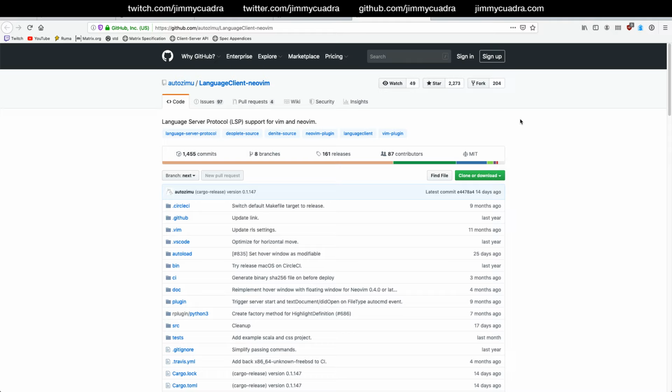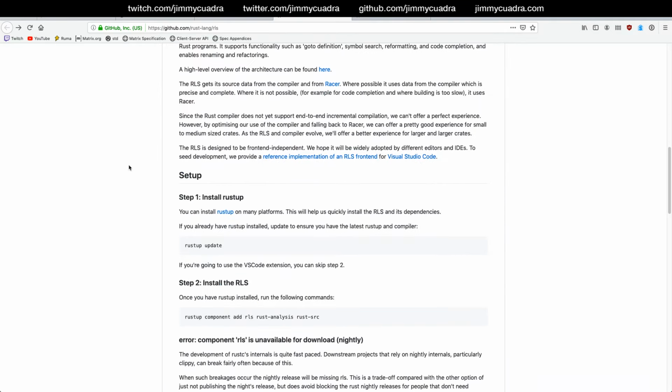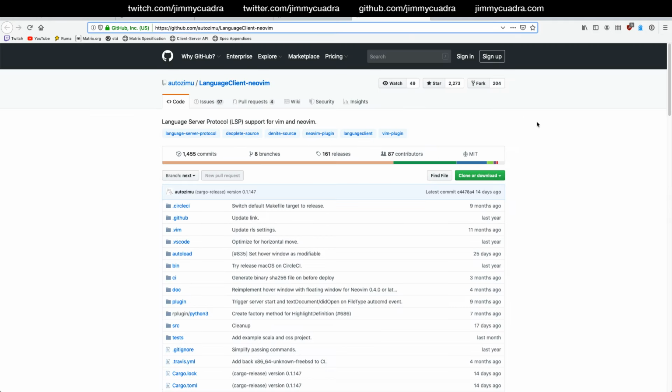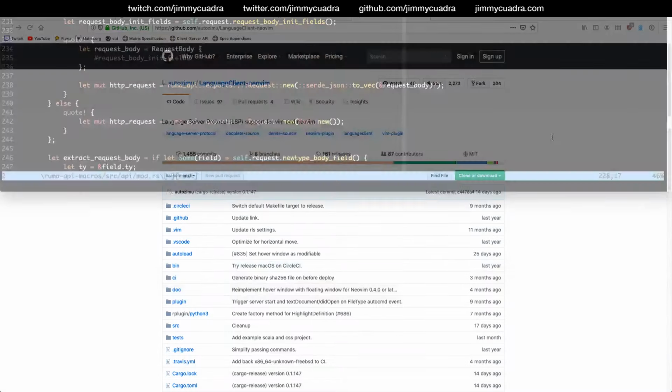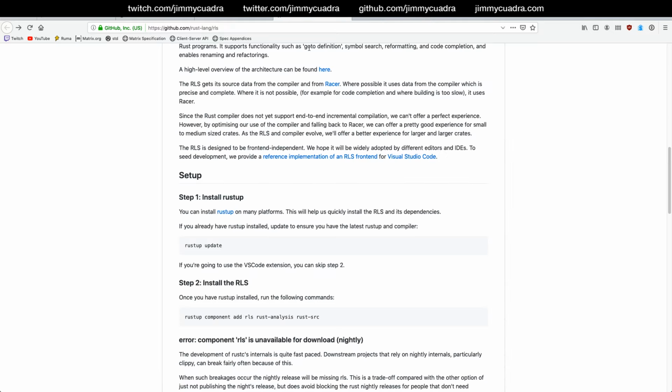This is the extension you want to use if you want to run RLS in Vim. RLS, by the way, is the language server that gives you sort of fancy IDE integrations with Rust, so you can do things like auto completion and refactoring and go-to definition and all those sorts of fancy things. I don't really use it super heavily, but I figure I might as well have it configured. So I'll put this in the show notes too for anyone who wants to get started. This is what you want to use.